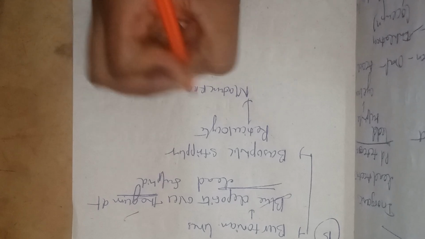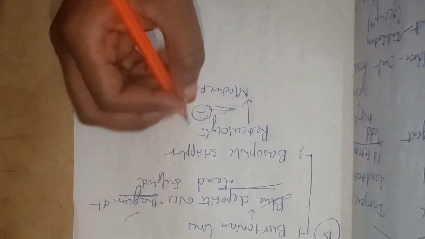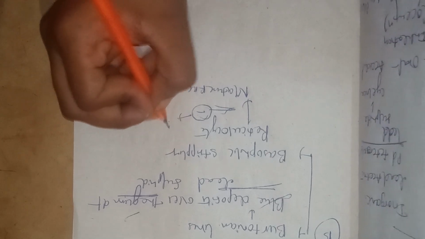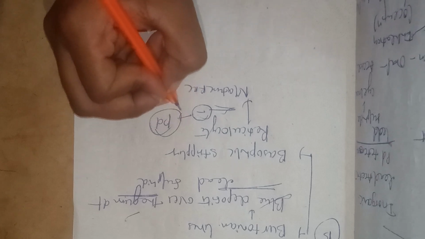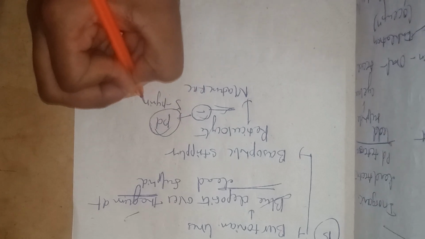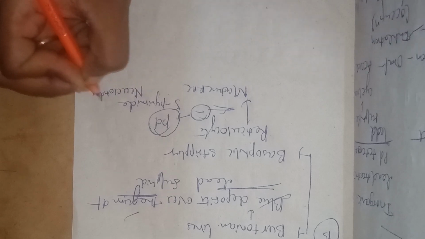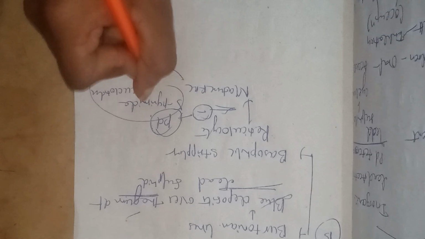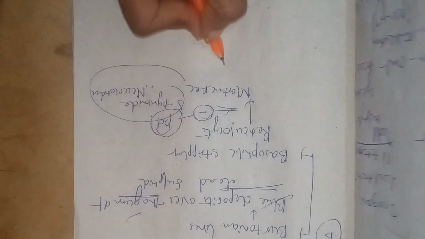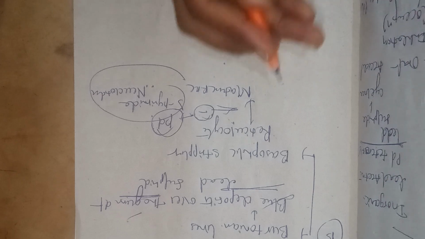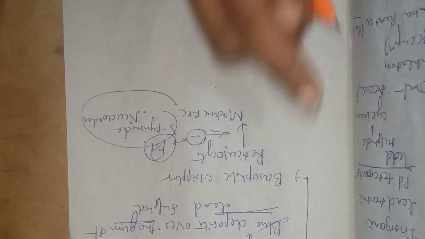Lead inhibits the enzyme pyrimidine 5'-nucleotidase, which converts reticulocytes into mature RBCs, and this leads to basophilic stippling of RBCs in lead poisoning. So I discussed A means anemia, basophilic stippling, and Burtonian lines.